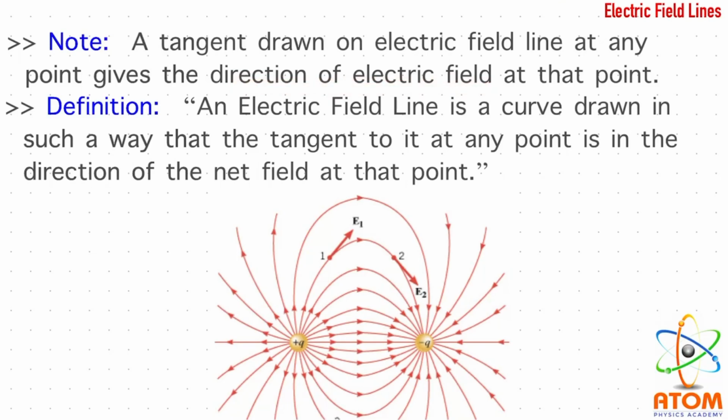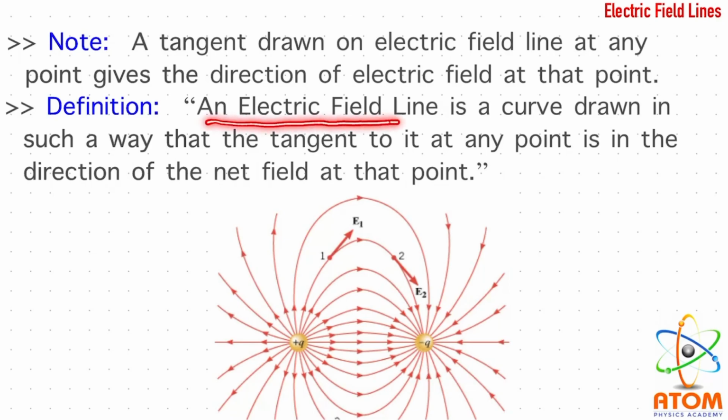For example, at this point 1, the tangent is drawn in this direction, and at this point 2, the tangent is drawn in this direction. So, this vector gives the direction of electric field E1 and this vector gives the direction of electric field E2 at that particular point.